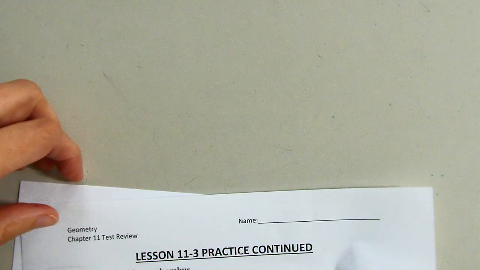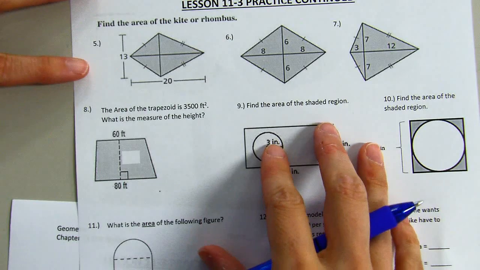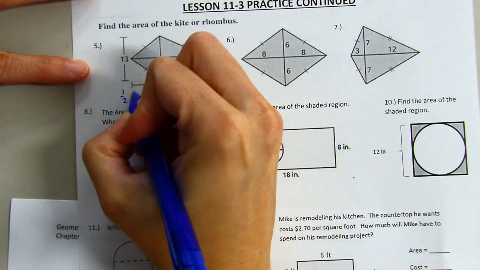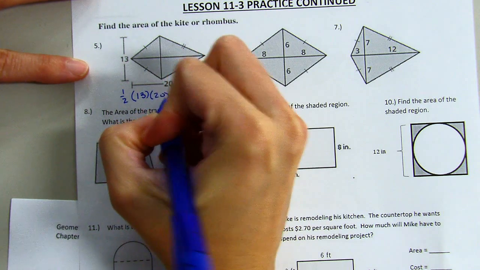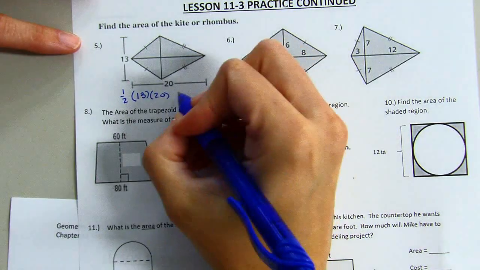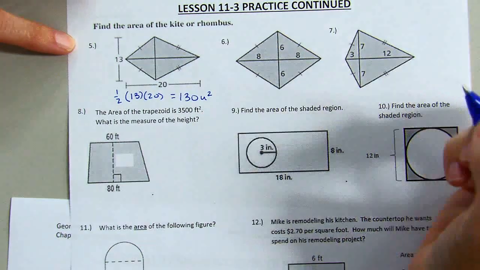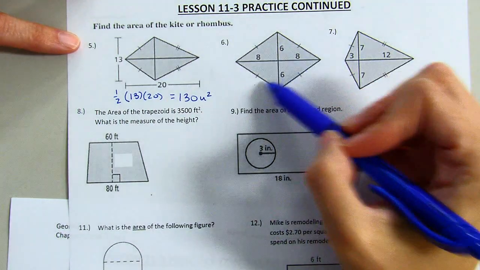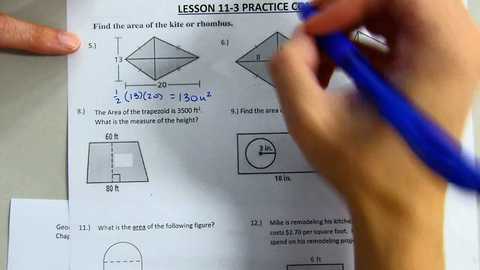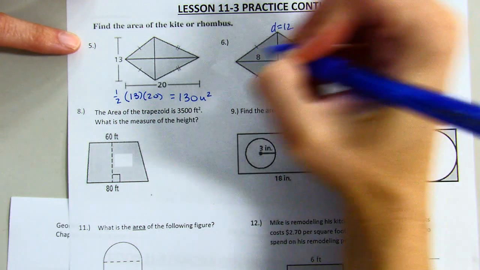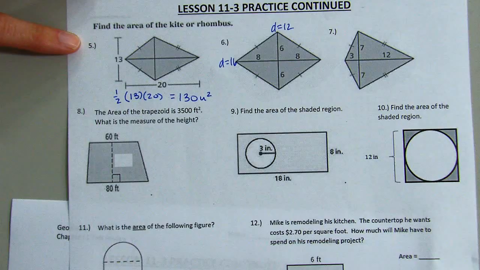Okay, next we have a kite. The diagonals are marked, so we do 1/2 and we multiply our diagonals together. So that's going to give us a total of 130, and it's just units squared. Next we have a rhombus because all the sides are marked the same. This diagonal would equal 12. This diagonal would equal 16.